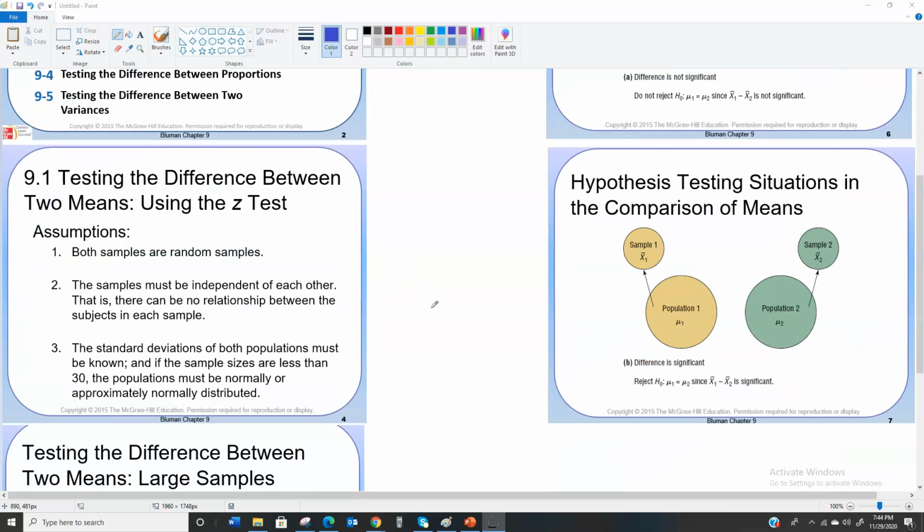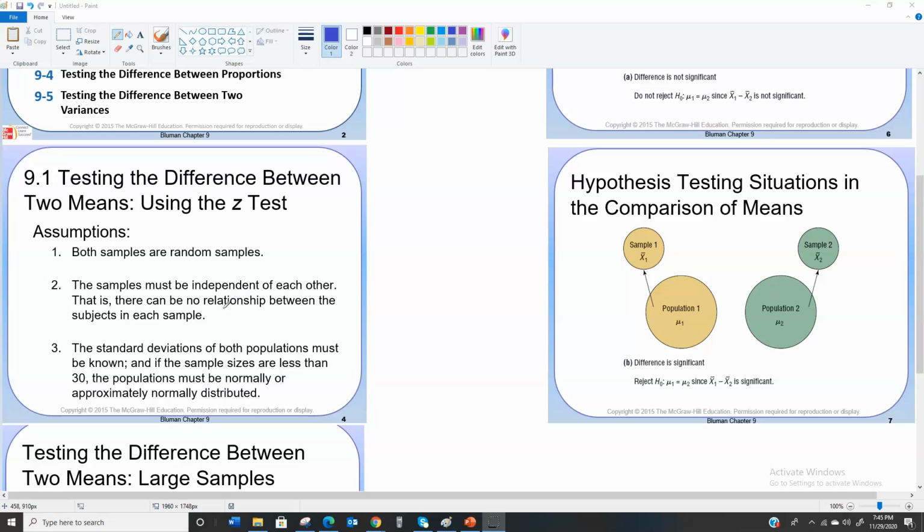So back to the discussion of what does this mean to test the difference between two means. Well, what we're talking about is you have two samples, and with those two samples, each of the samples would have their own mean. The samples that you collect have to be independent of each other. So, for instance, let's say you were sampling students.